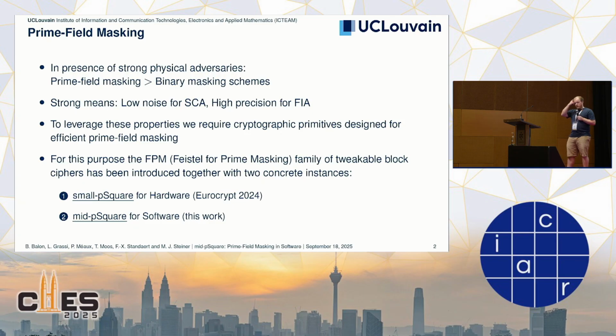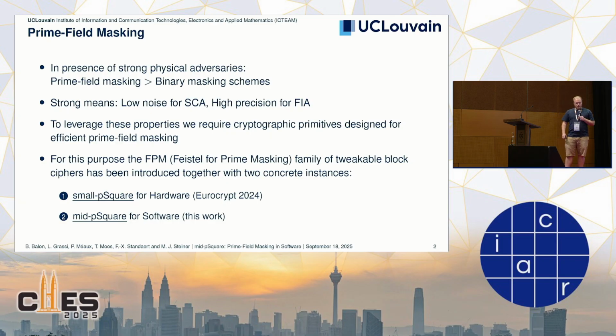So to summarize, these works generally agree that in presence of strong physical adversaries, prime field masking gives you some advantage over binary field masking. And strong in this context means low noise attackers for side channel attacks and high precision for fault injection attacks.